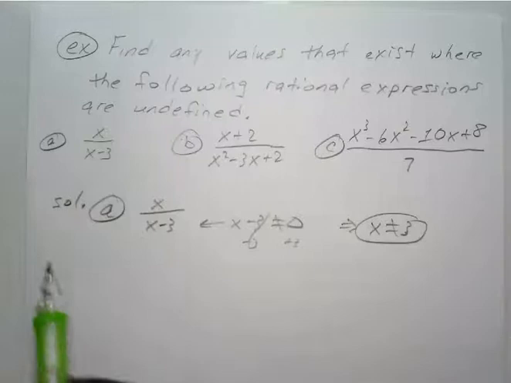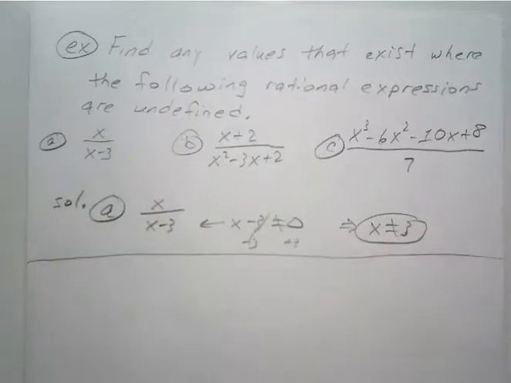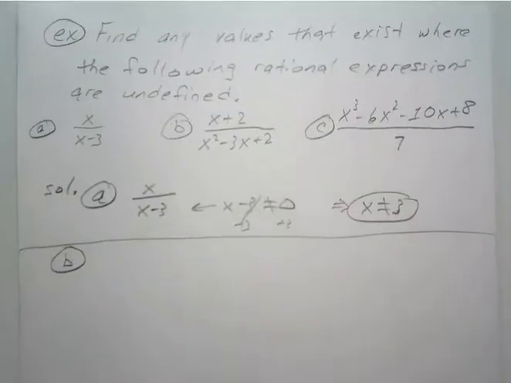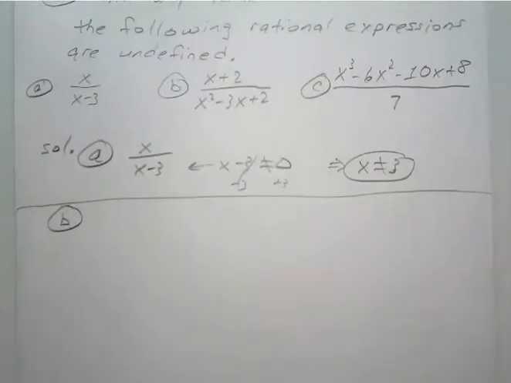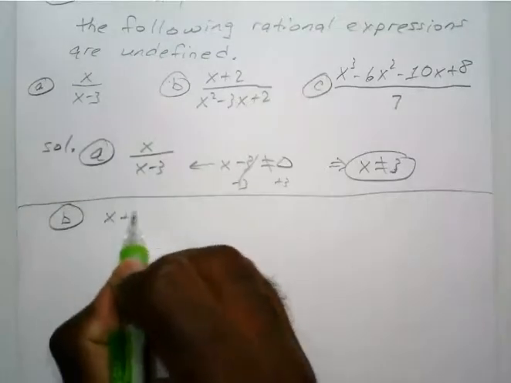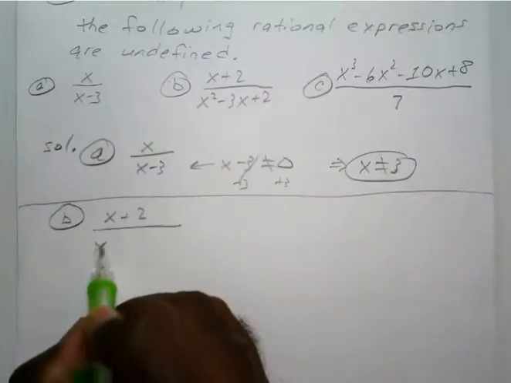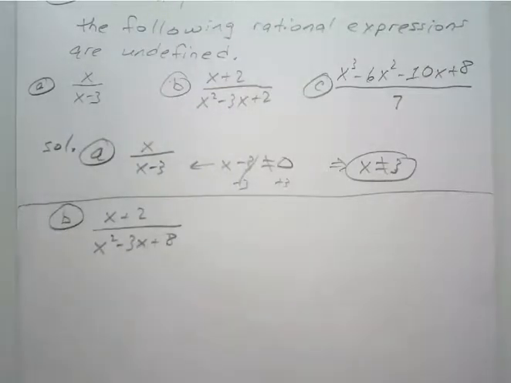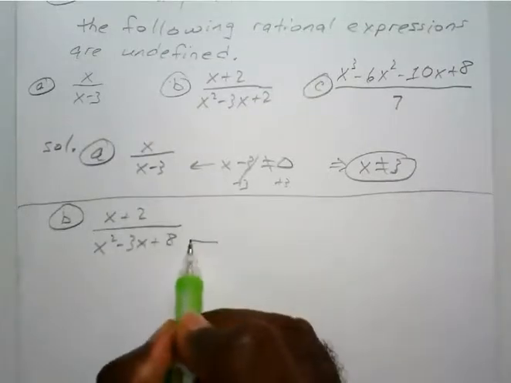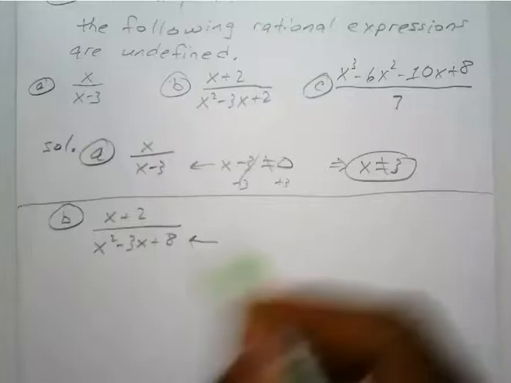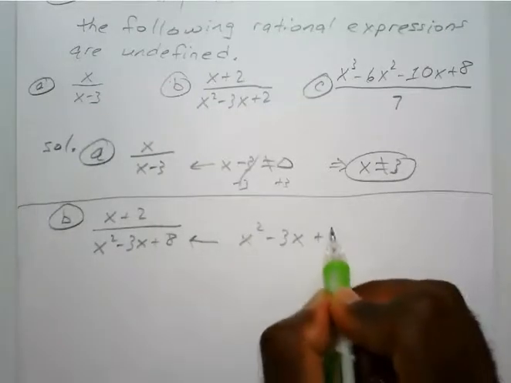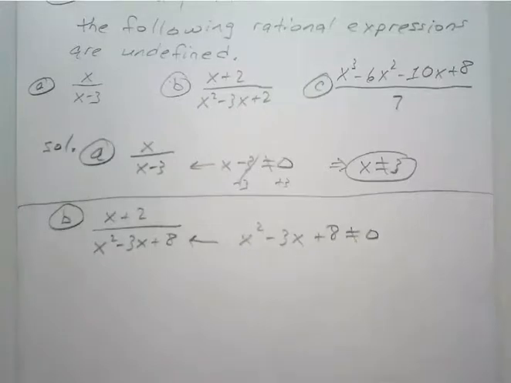For problem B, we have x plus 2 over x squared minus 3x plus 2. Just like before, the one thing we do know is that our denominator cannot equal 0. That means x squared minus 3x plus 2 cannot equal 0.